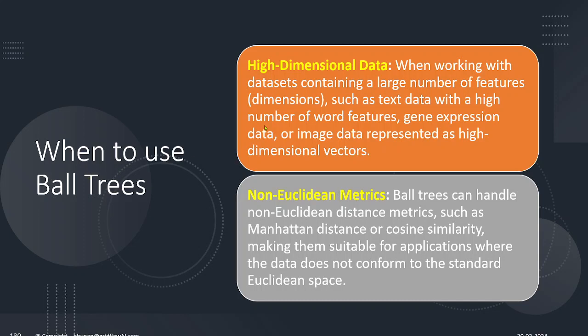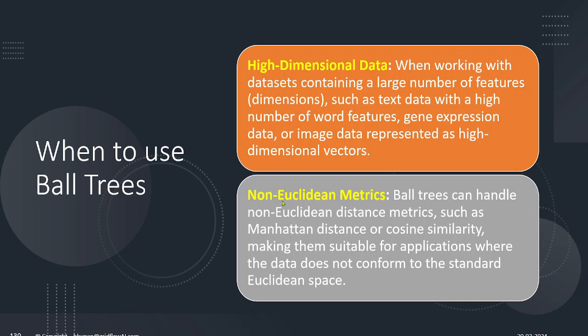Ball tree is very effective in high dimensional data sets, especially text data with a high number of word features, genetic data dealing with gene expressions, or image data. It is quite useful.